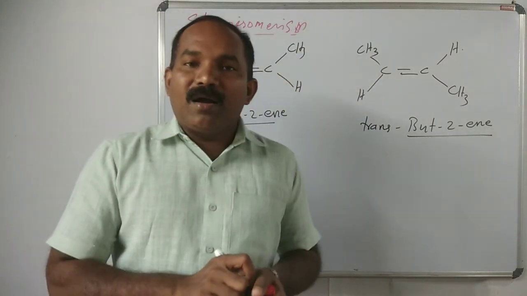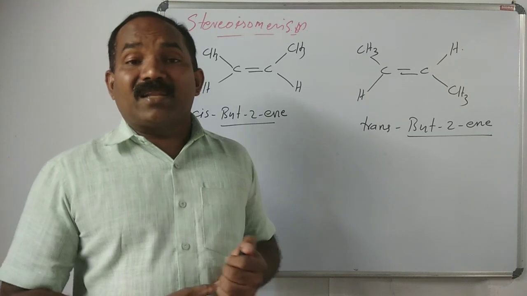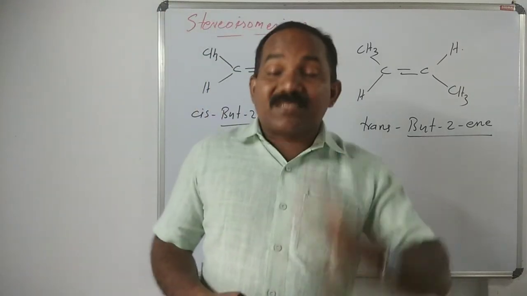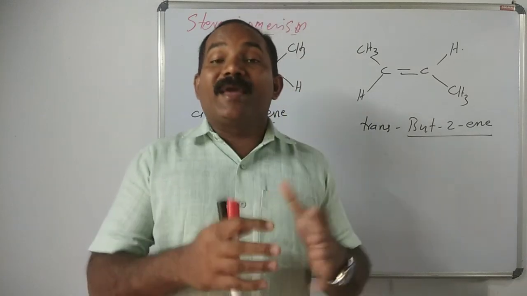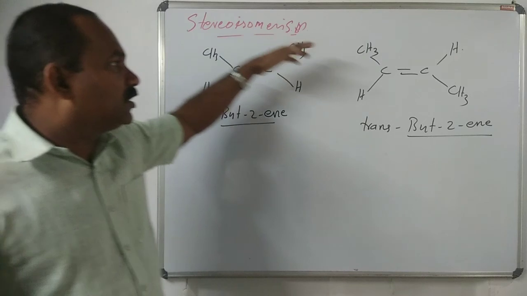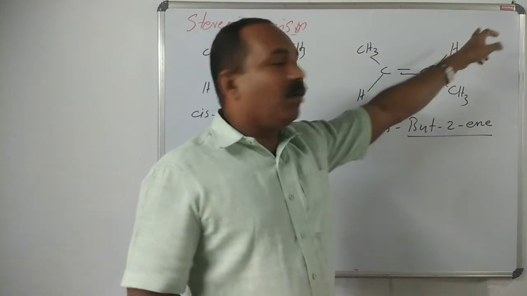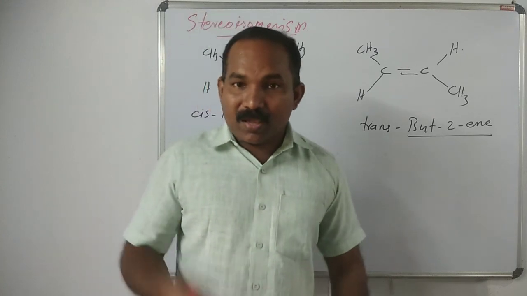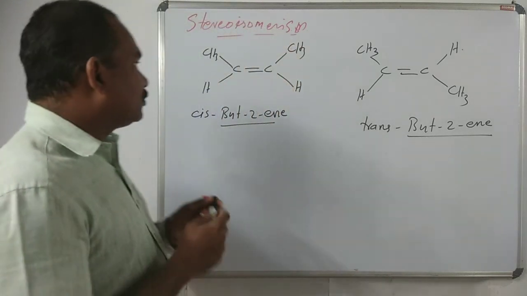And the prefixes cis and trans are used to describe like groups on the same side of a double bond, or like groups on the opposite side of a double bond. Okay, and one more application question.